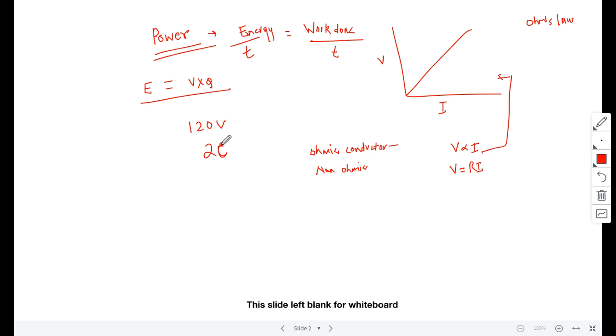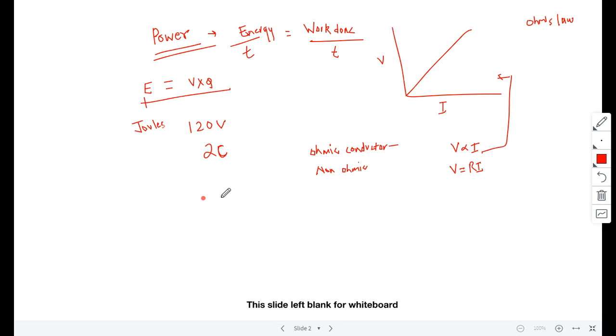Yes, 240, that's correct. And what's the unit of energy transfer? I recently told you the unit of energy. So the unit is joules. Yes, that's very correct.